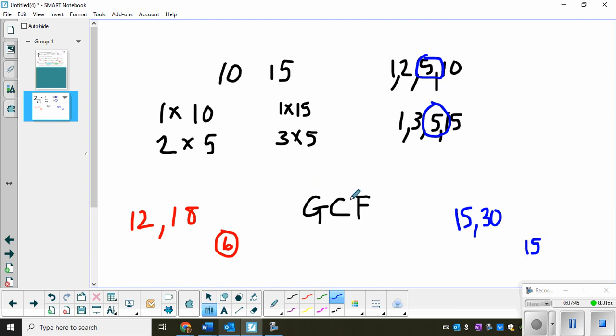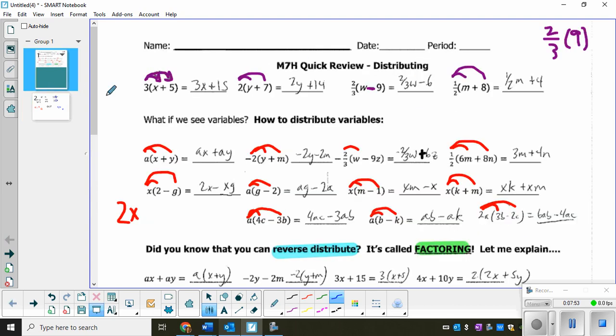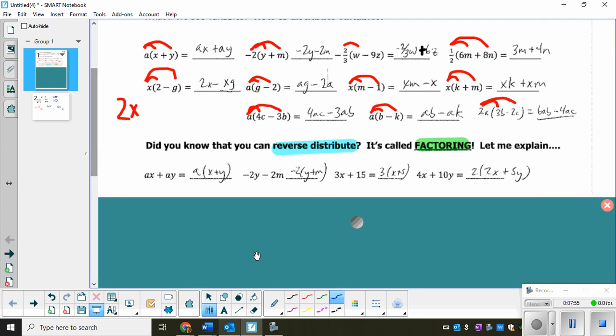So we have talked a little bit in elementary school about factoring and what that is and finding the greatest common factor. What's the biggest thing that goes into both of those? So now let me show you what that looks like in today's lesson. If we start out with a thing that has AX and AY, let me ask y'all, what do you see in both of these terms?